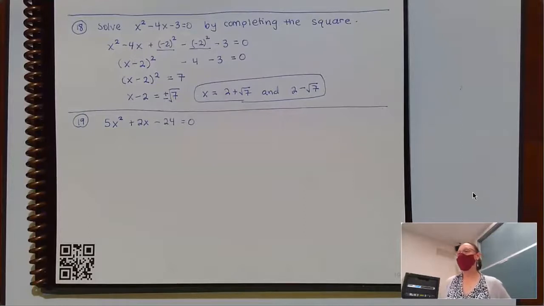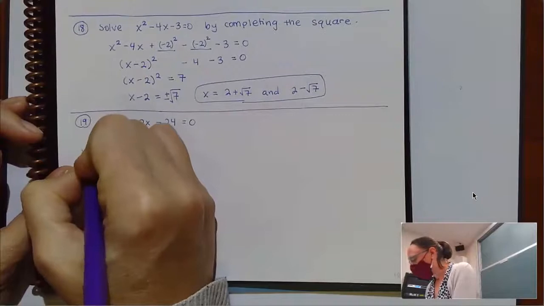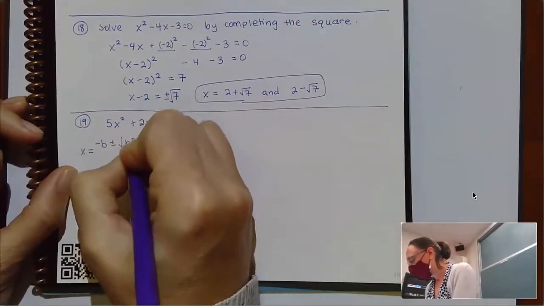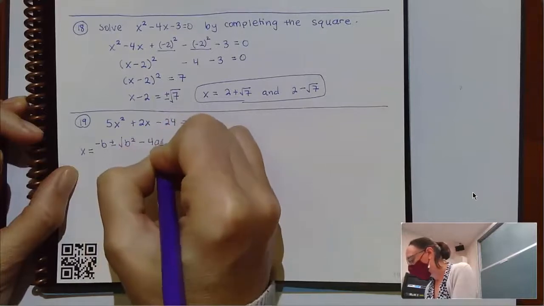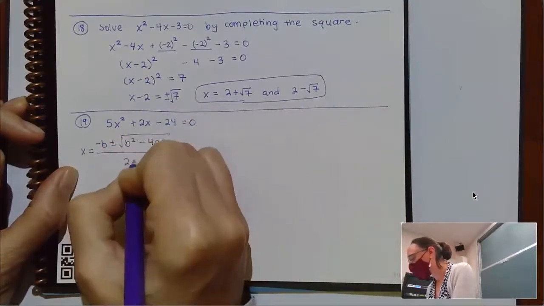Does anyone have a preference of what I do to solve this? Sure, let's use quadratic formula. So our quadratic formula looks like x is equal to -b plus or minus the square root of b squared minus 4 times a times c all over 2a.